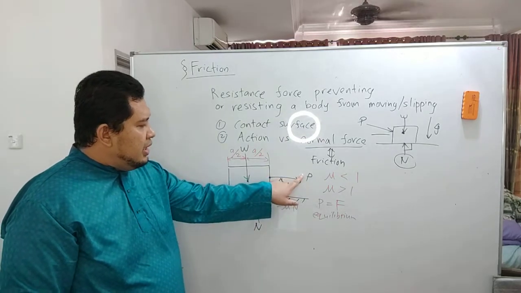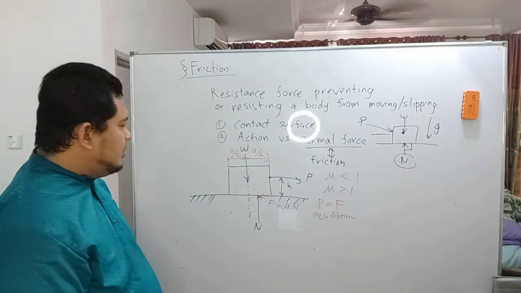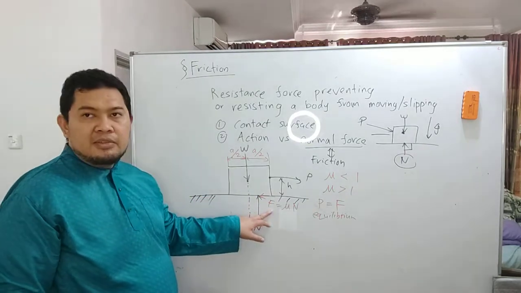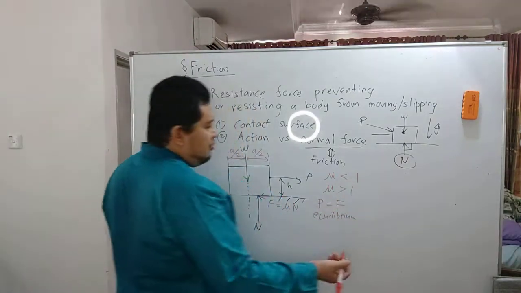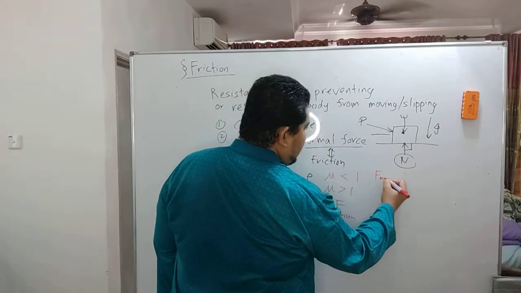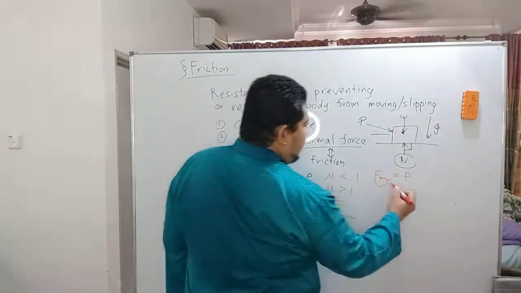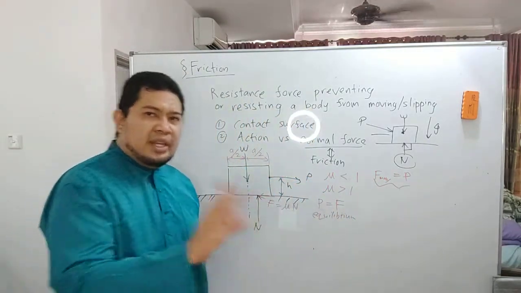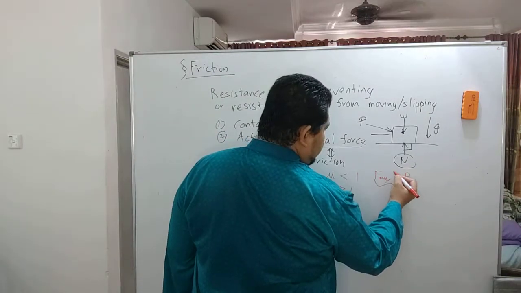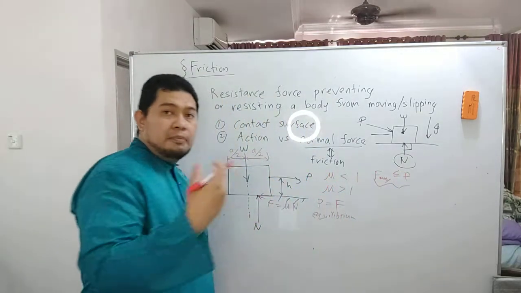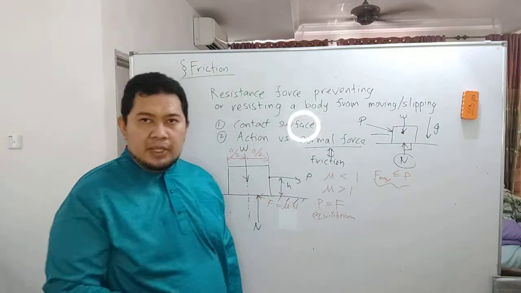As the force increases, the friction also increases up until a certain limit, the Fmax, the maximum friction force, which is equivalent to P. In this state, we call it impending motion, before and after movement. When you exceed this value, meaning P is bigger than the maximum friction force, then you have slipping.